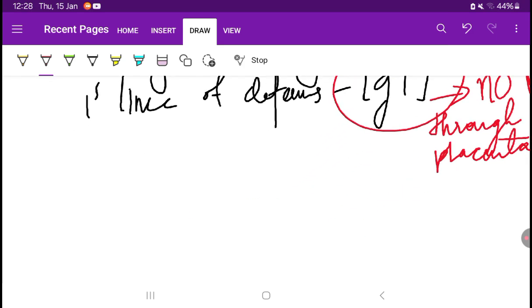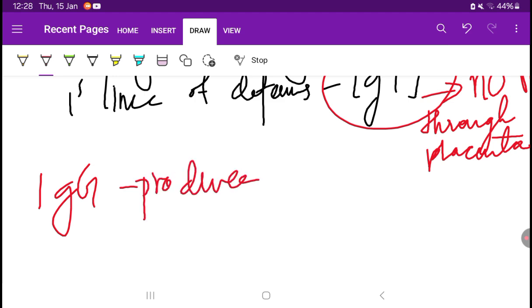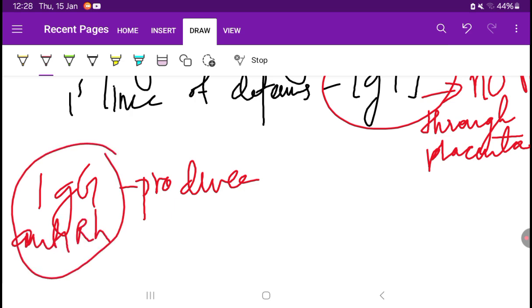So after some time, IgG containing anti-Rh is produced, and at that time the first baby is already born. But in the memory cells it is stored, so that during the second meeting with this Rh positive antigen, it will recognize it very fast.